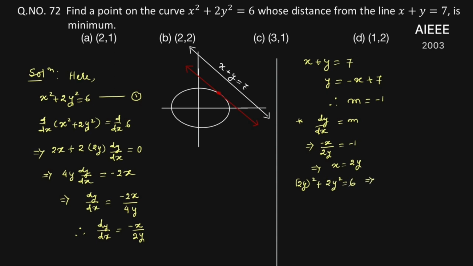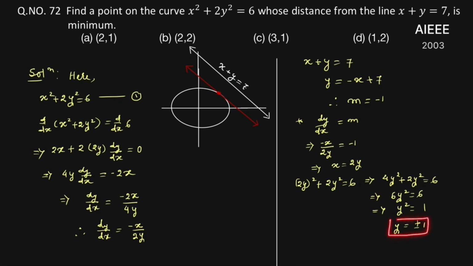This implies that we will get 4y square plus 2y square equal to 6, which implies that 6y square equal to 6, which is y square equal to 1. Therefore, y equal to plus minus 1.